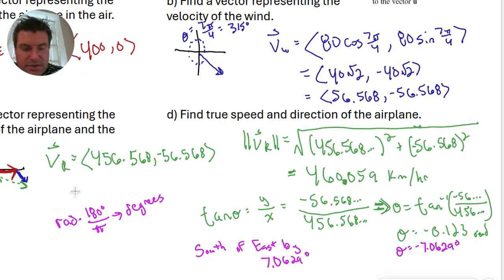So all you do is just state the direction. So it's going south of east by that much, okay? If you're going above east, that'd be north of east. If you're going below west, that'd be south of west, and so on and so forth.